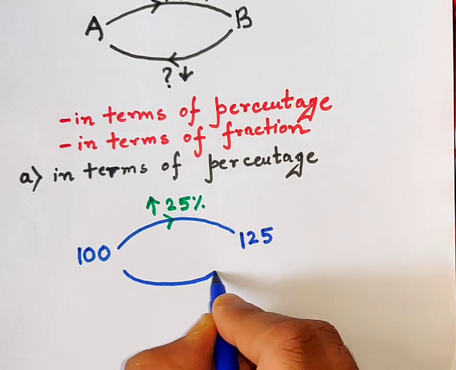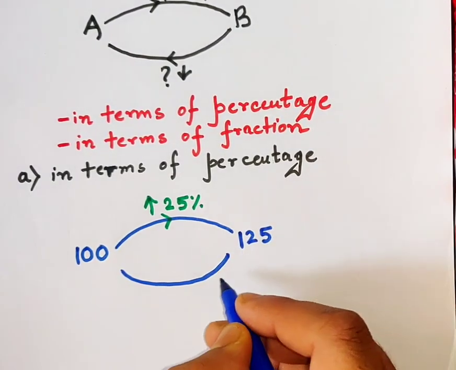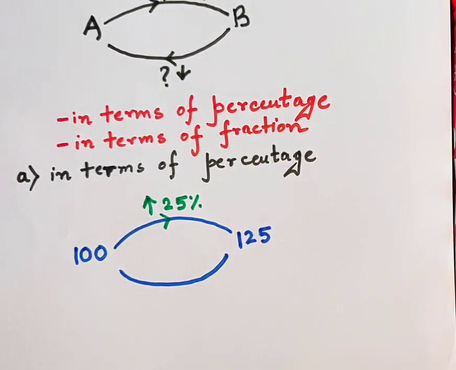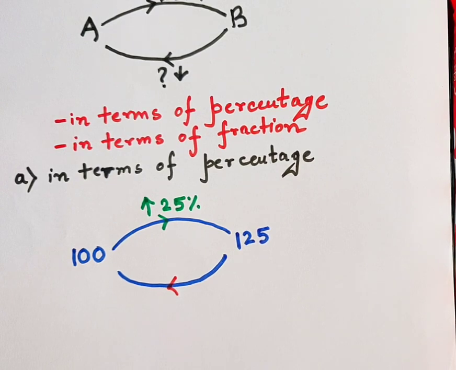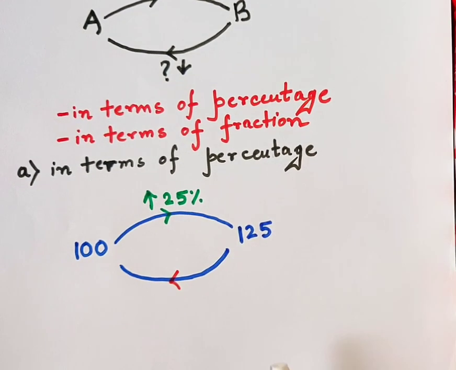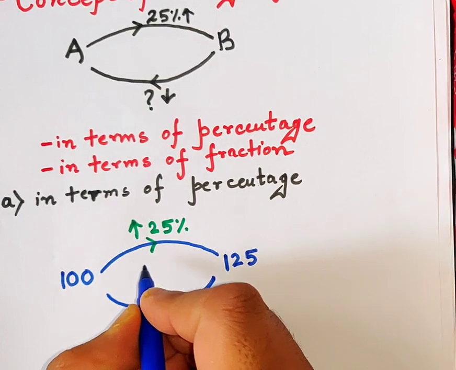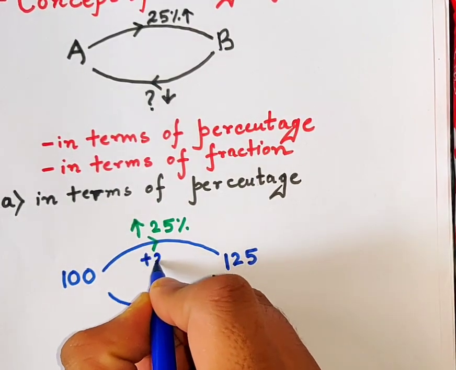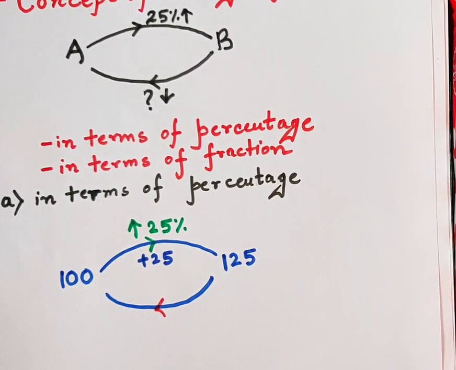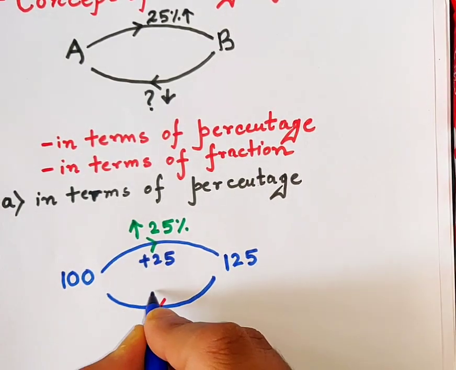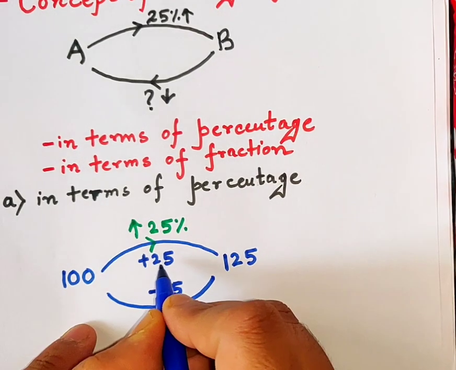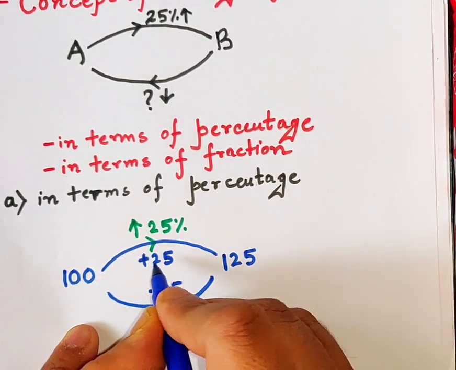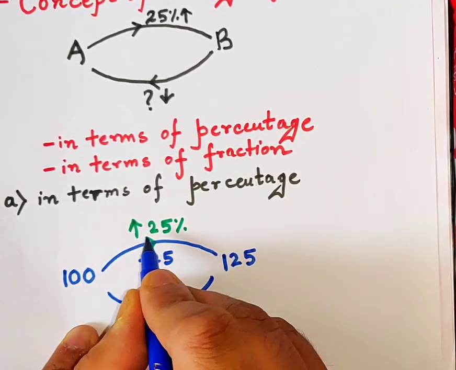Now how much should you reduce from 125 to get back to 100? How much percent should you reduce? You see one thing: from 100 you have added 25 to it to get 125. So from 125 you need to subtract 25 to get 100. Now this 25 was 25% because 25 by 100 is 25%.